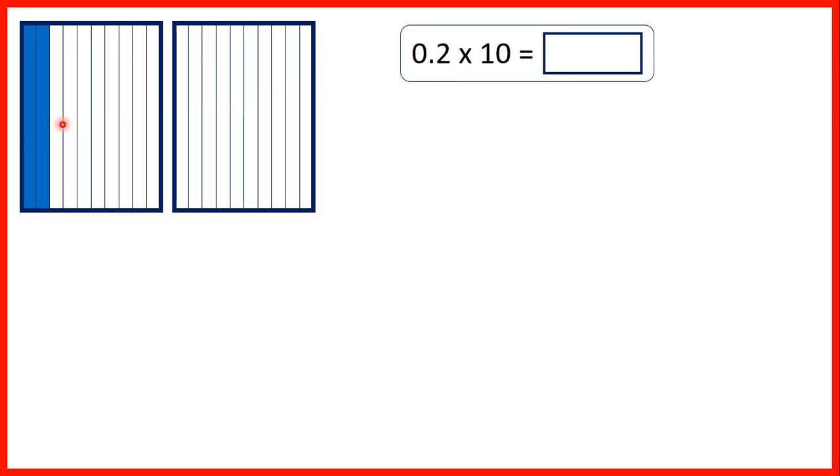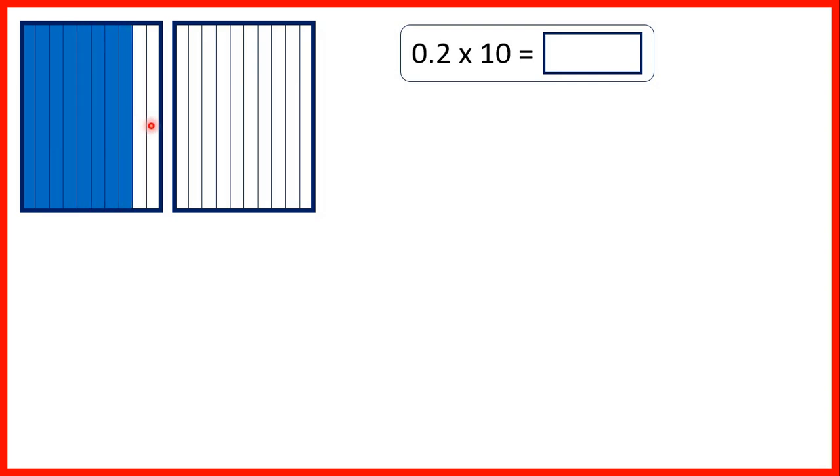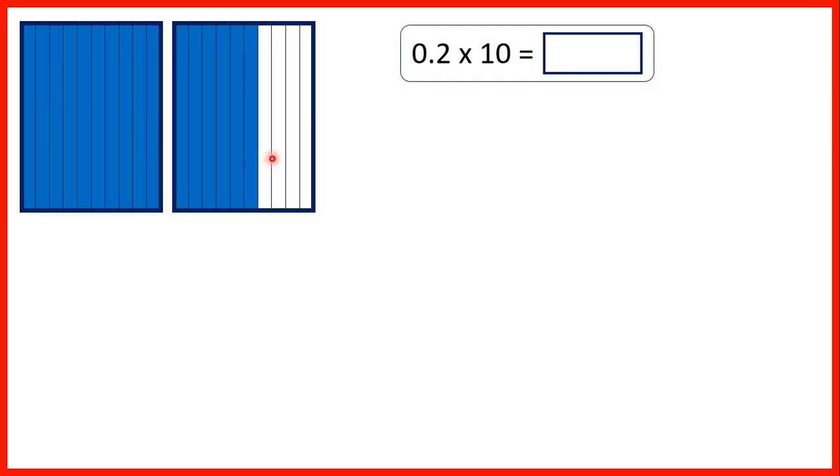When we multiply by 2, we're colouring in another 2 tenths, times 3, times 4, 5, 6, 7, 8, 9, 10. So, because we've added 0.2 10 times, we now have 2 whole rectangles coloured in, so our answer is 2 wholes.